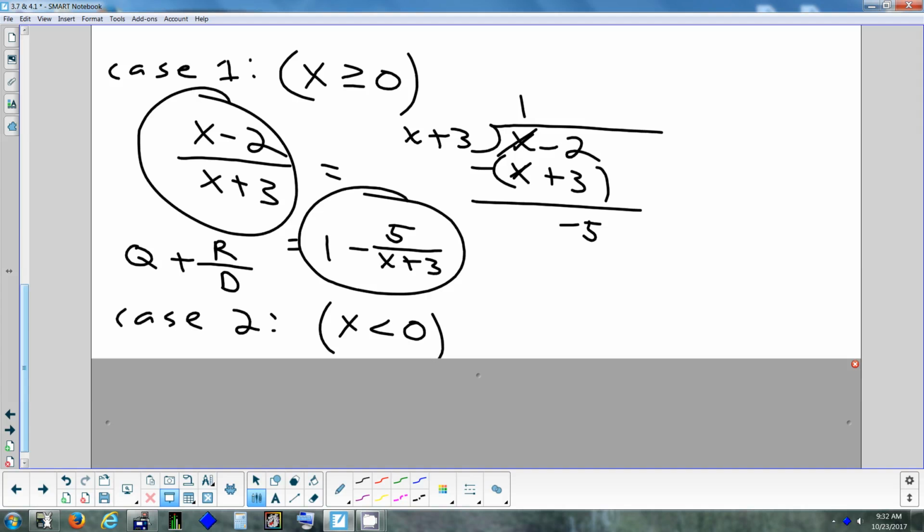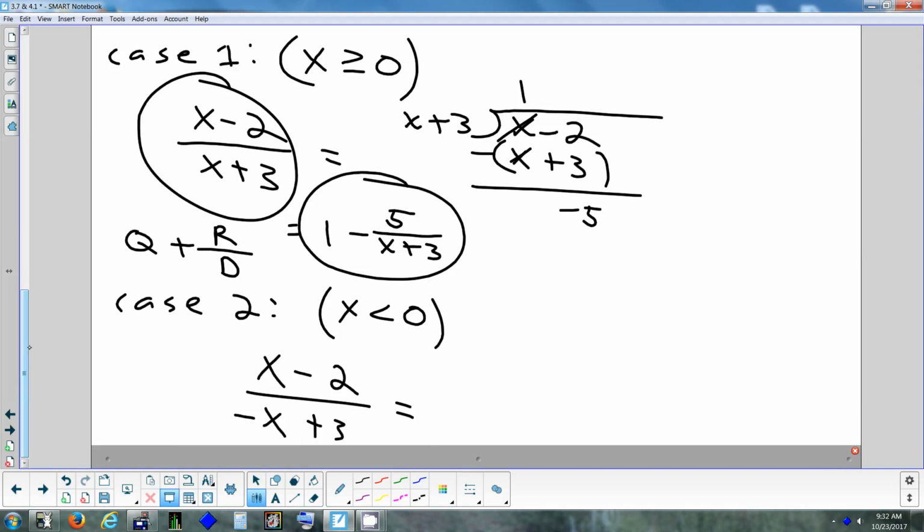Reciprocal? Not reciprocal, that's when you flip a fraction. So take the negative of the number, take the opposite of it. The way she said it was actually perfect: take the negative of it.